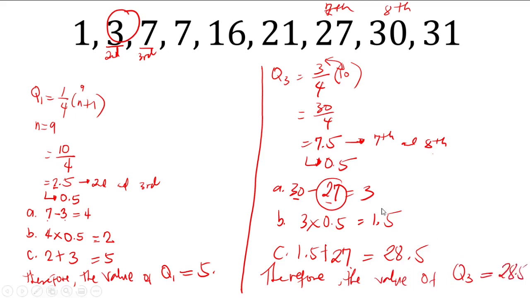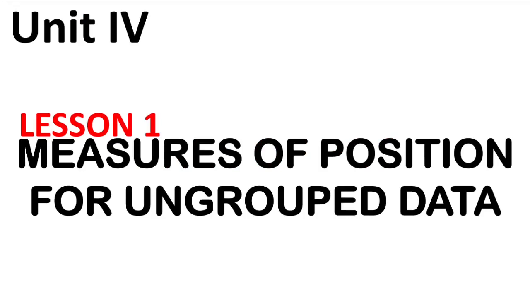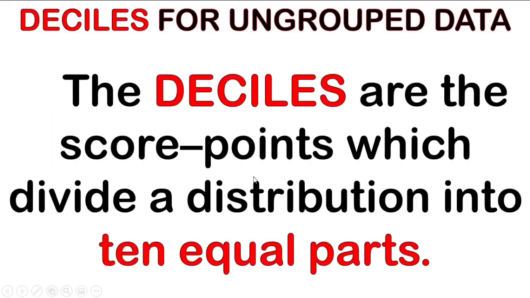Okay, and that's it. We are still in lesson 1, measures of position for ungrouped data, but this time we will be discussing deciles and percentiles. Let's start with deciles. So deciles are the score points which divide a distribution into 10 equal parts. Again, deciles divide the whole distribution into 10 equal parts.